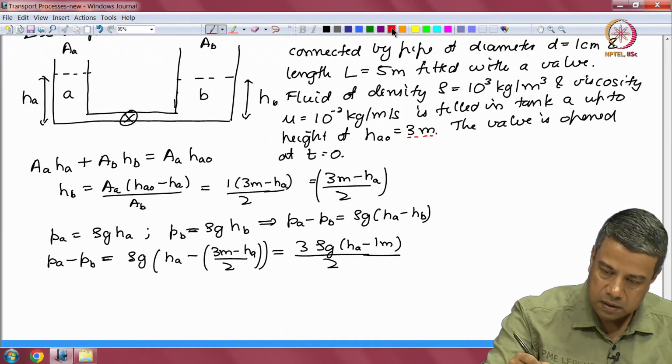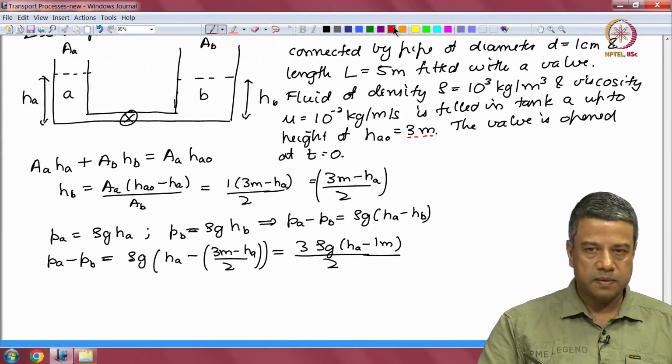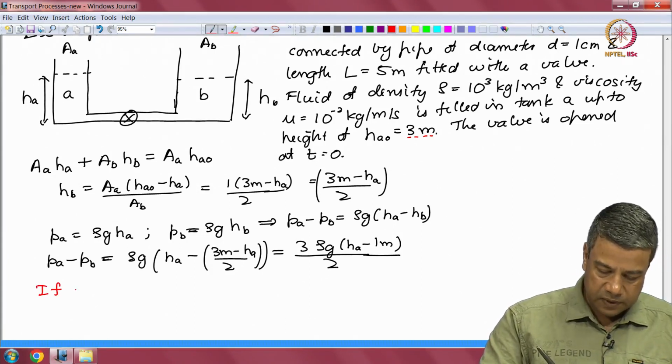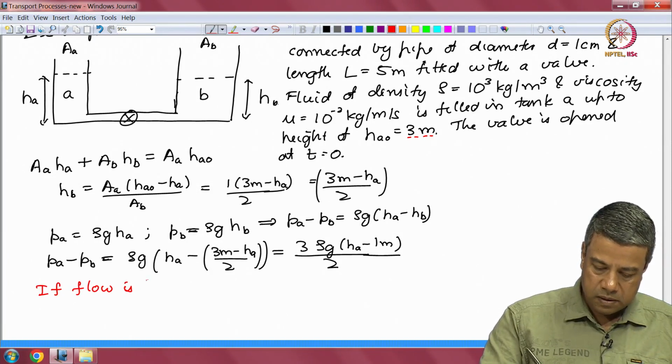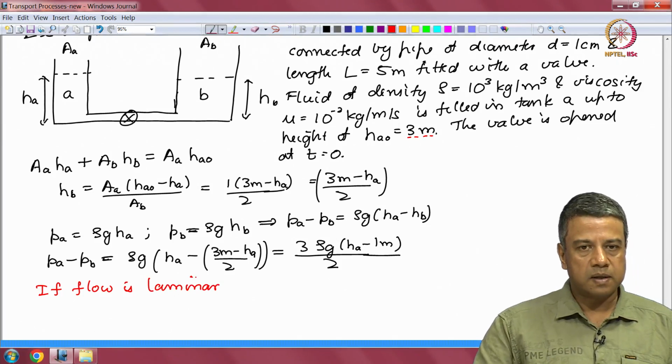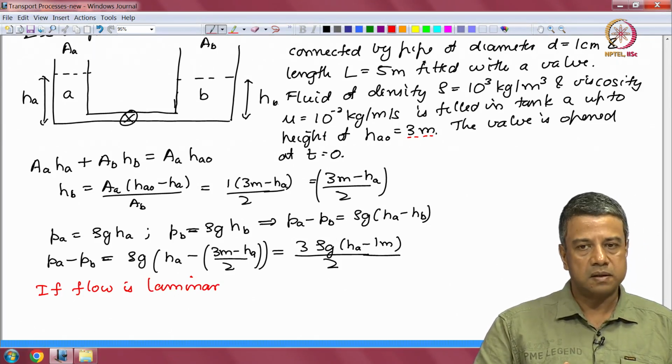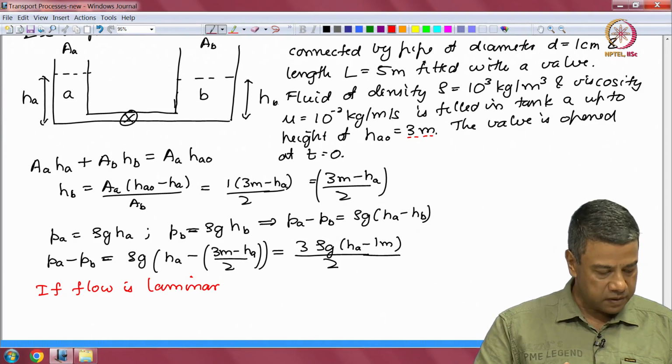Now, the pressure difference has to be related to the flow rate. If flow is laminar, we have to come back and examine this assumption after we have calculated the flow rate and the velocity.